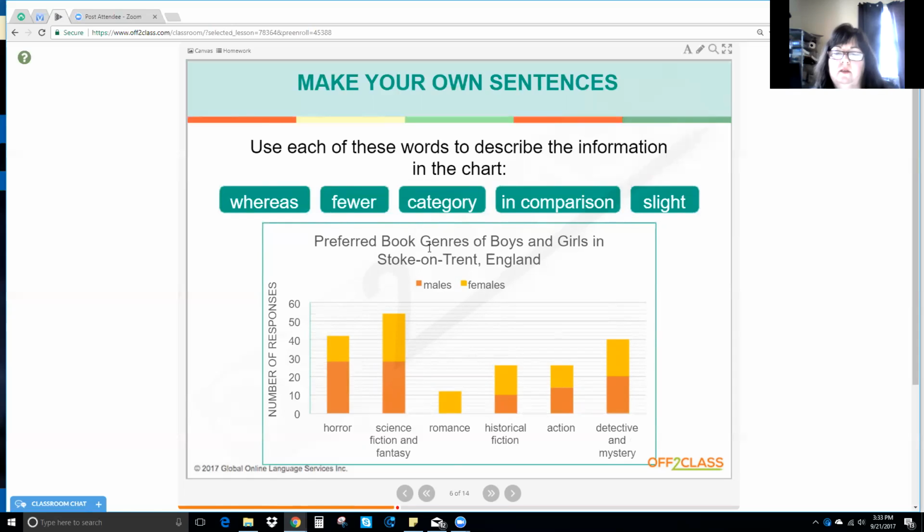In comparison, okay, we could say boys in comparison to girls seem to, the boys and girls seem to answer comparatively in science fiction and fantasy, but that's not actually true. Girls, about twice as many girls prefer science fiction and fantasy as boys.